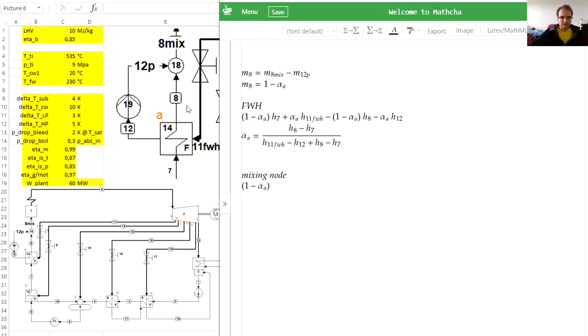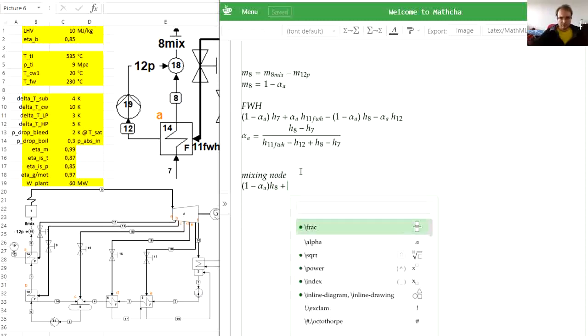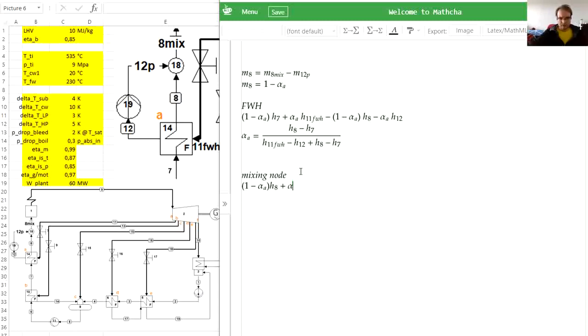So 1 minus alpha A times H8 plus alpha A times H12p minus the mass flow rate of 8 mix times H8 mix.